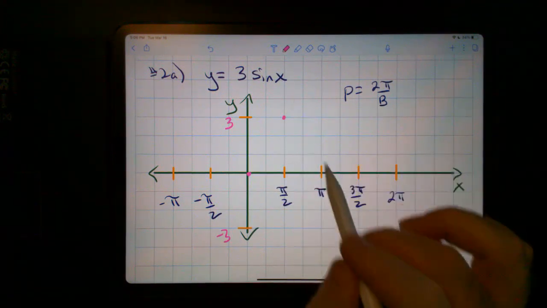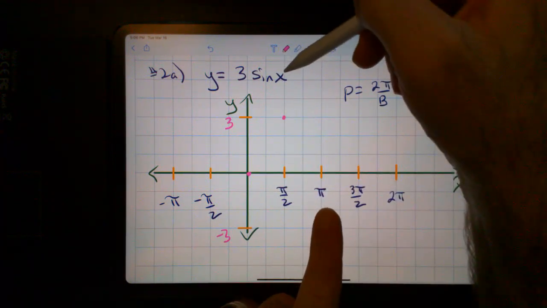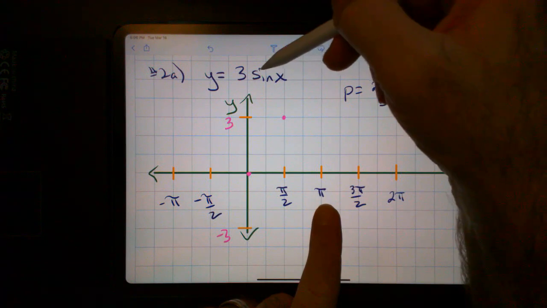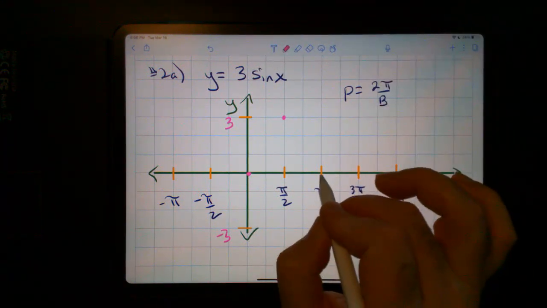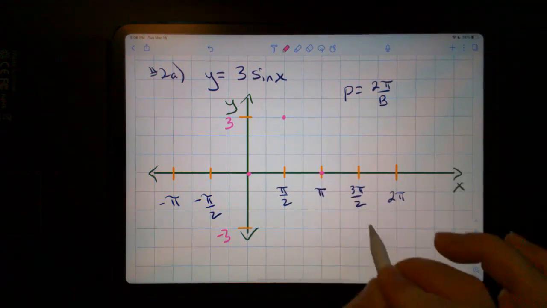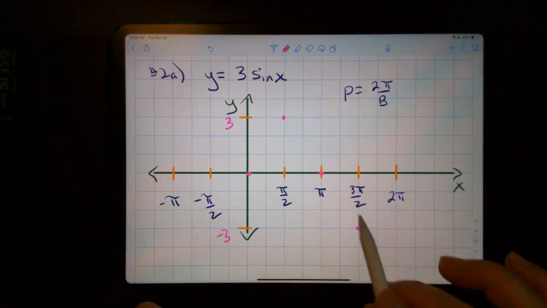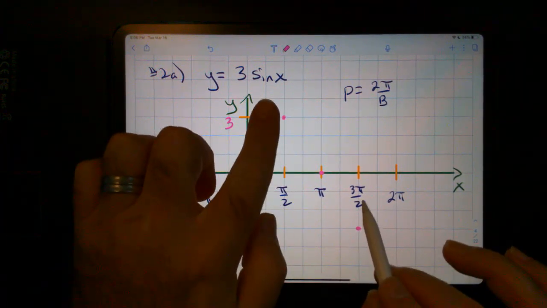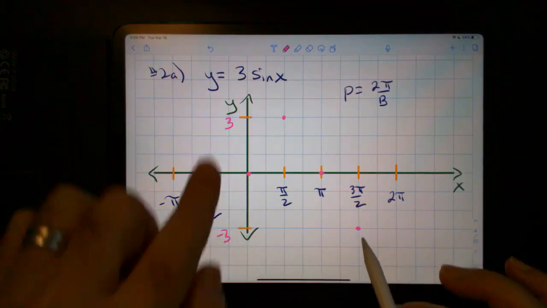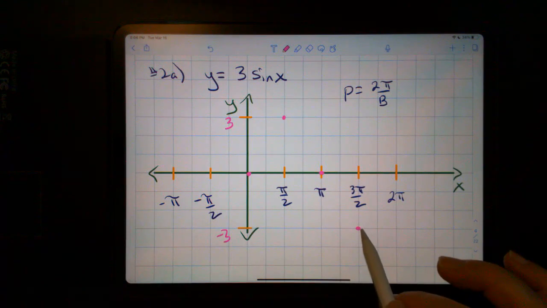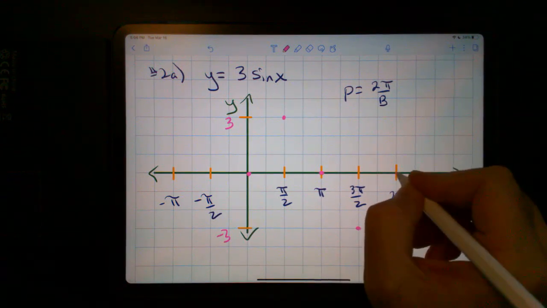And then when x is pi, sine of pi is 0. Anything times 0 is 0. So this is going to cross the x-axis at pi. Similarly, when x is equal to 3 pi over 2, sine of 3 pi over 2 is -1. -1 times 3 is -3. So this point is going to be on the graph. Then it's going to come back up again.